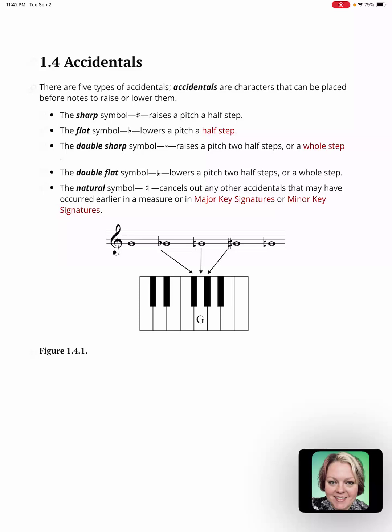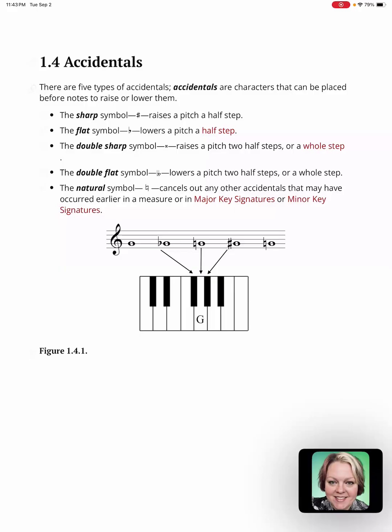The space notes spell FACE. When it is bass clef, those line notes bottom to top are G, B, D, F, A, which can be remembered through Good Burritos Don't Fall Apart. And then the space notes from bottom to top, A, C, E, G, can be remembered through All Cows Eat Grass.